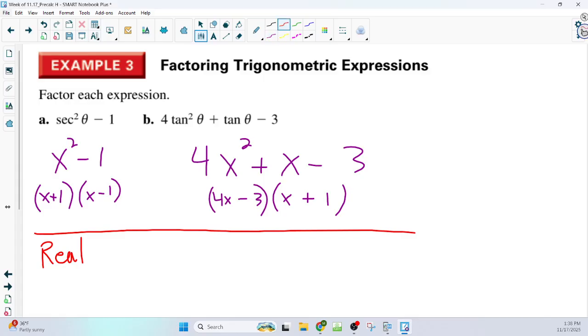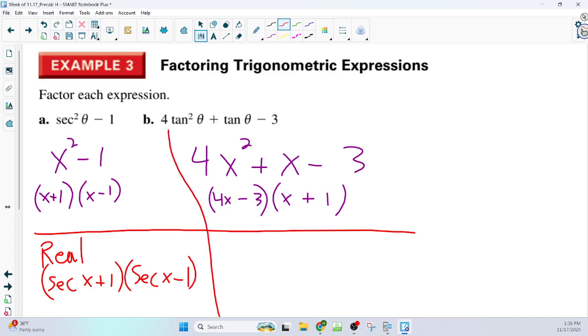What instead of x? Secant of x plus 1. Secant of x minus 1. And the real answer here? 4 tangent of x minus 3. Tangent of x plus 1.